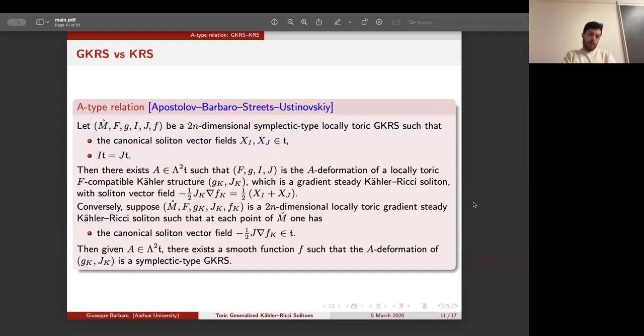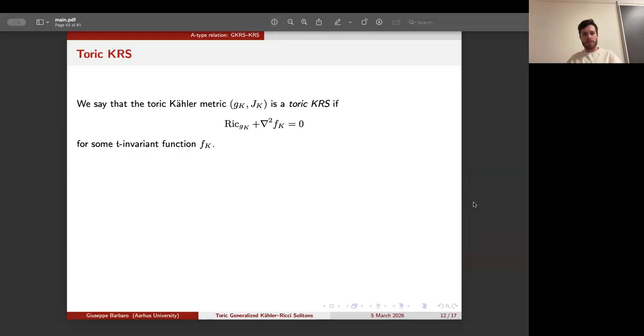Okay, so let me very briefly sketch the proof of this. Before sketching the proof, I need to recall what a locally toric Kähler Ricci soliton is. The equation is the Kähler Ricci soliton equation that we saw before. The only thing is that your soliton potential is some T-invariant function, and so you can write it in a linear way in the moment coordinates.